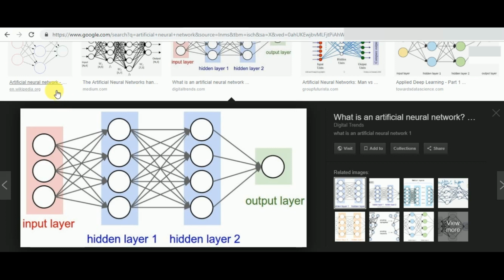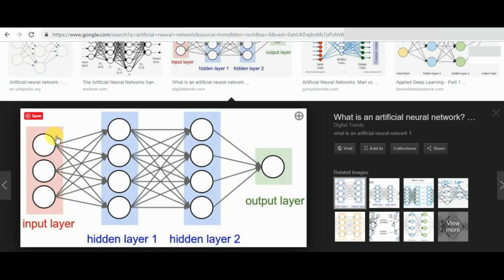Now, let's talk about the working of an artificial neural network or a deep neural network. This is something known as the input layer. The input layer takes the input, and we have two major things in an artificial neural network, that is the weight and the bias.